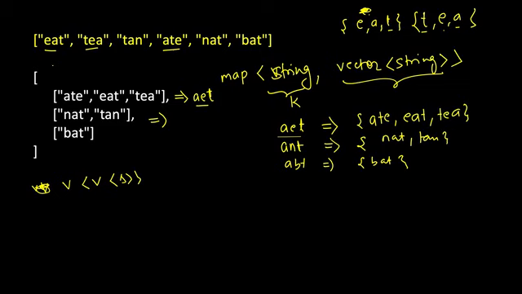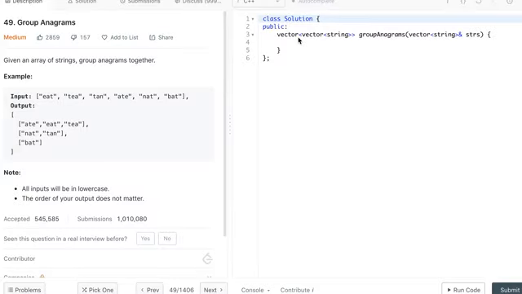So let's write the code for this. This is very simple. It may seem complicated, but it's not. So the return type is vector of vector of string.